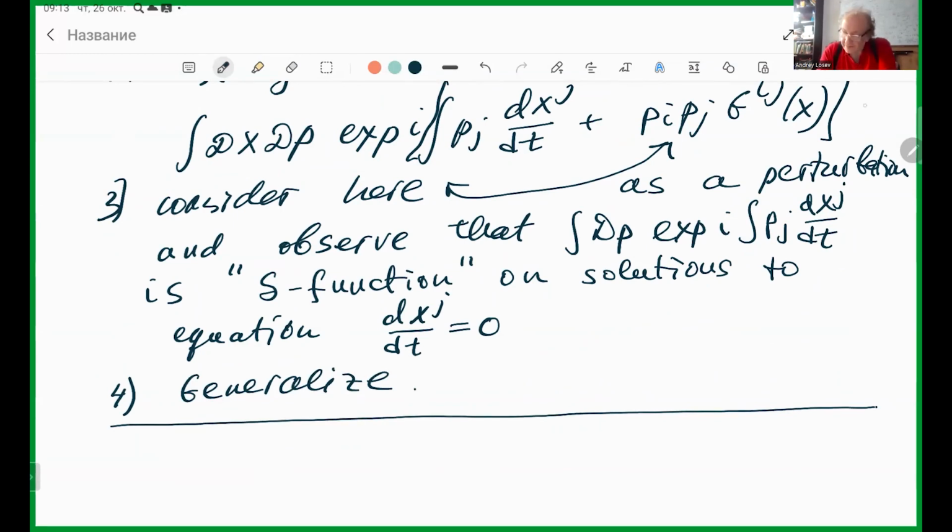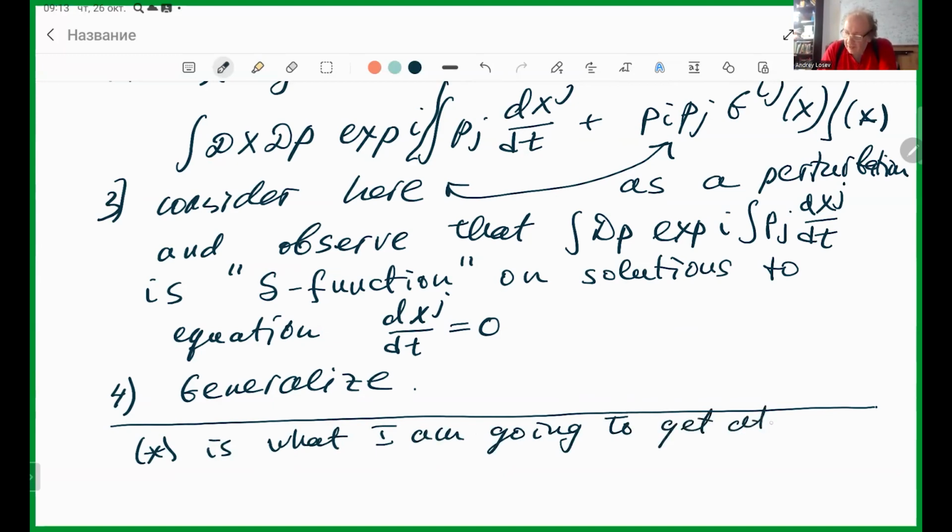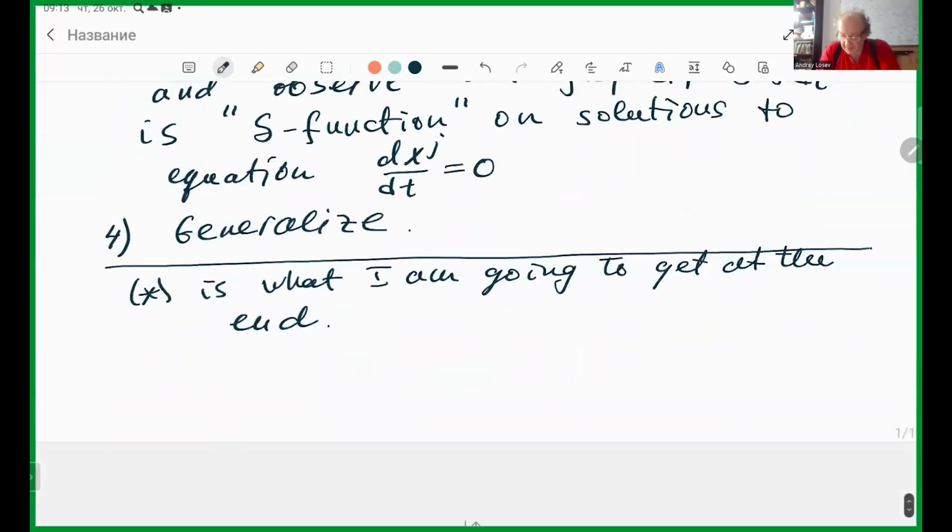So star is what I'm going to get at the end. And I will get there in several steps.